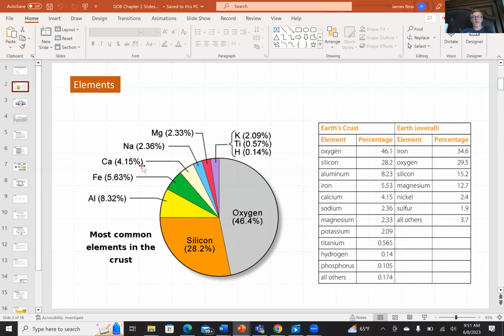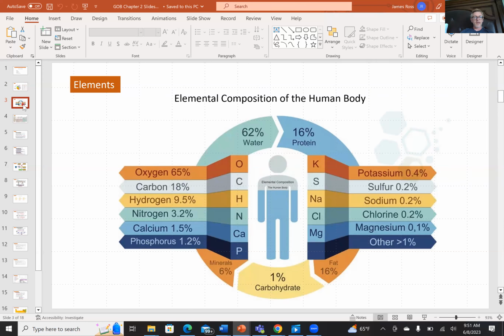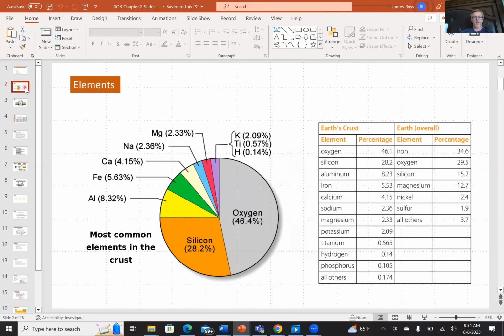Sorry, I think I said hydrogen was 9.5%. Here, definitely more hydrogen in us than in the crust, which makes sense because the crust, as it formed, was hot and it would boil all the hydrogen away, whereas you and I are not as hot as a molten crust. So that kind of makes sense.